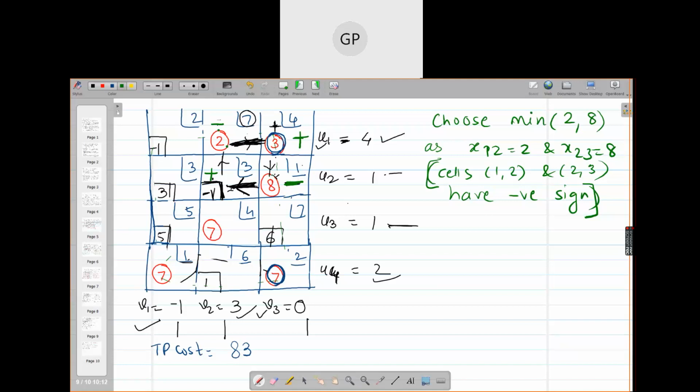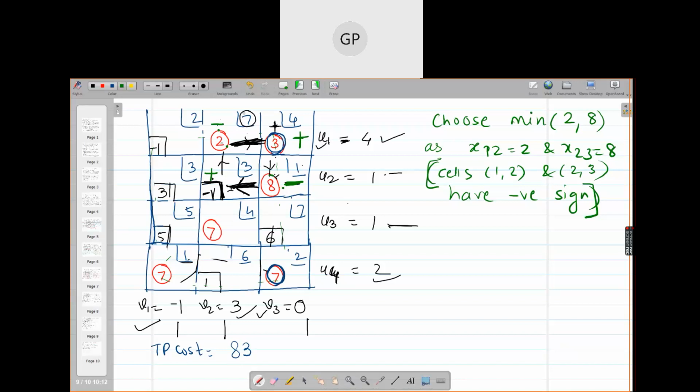Why do we have to take the minimum, did you understand? Yes, ma'am. Yes, because if you took the maximum, you could take 8 units out of 8 units. But can you take 8 units from the 2 units in the 1, 2 cell? That will give you a negative number of units, which is of course not allowed, right?